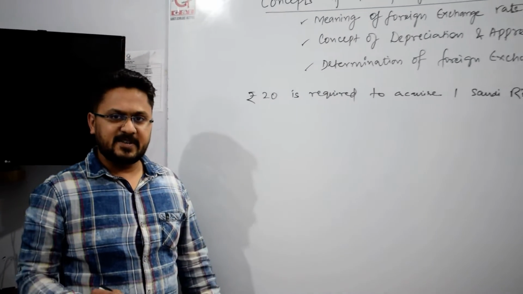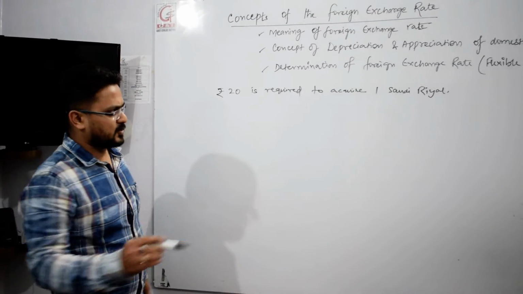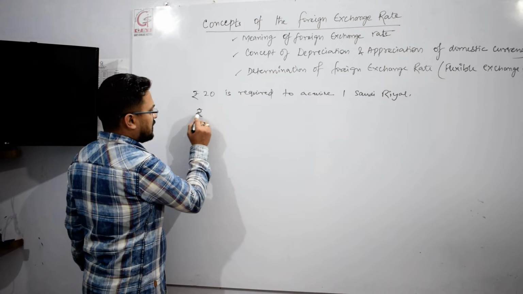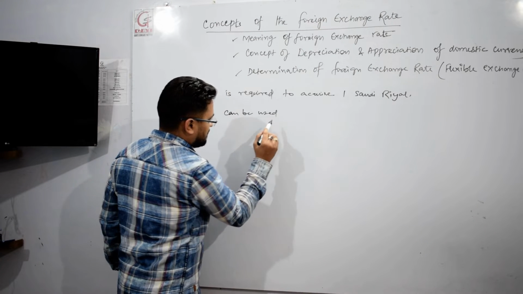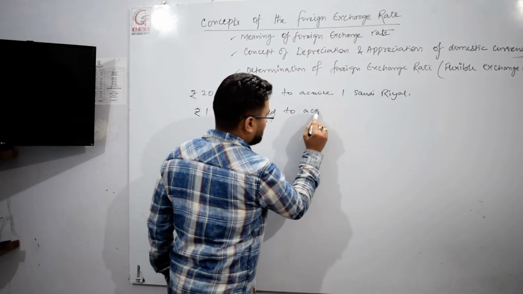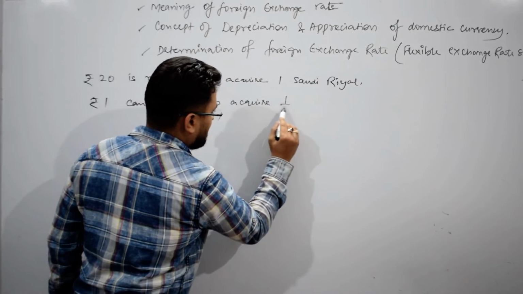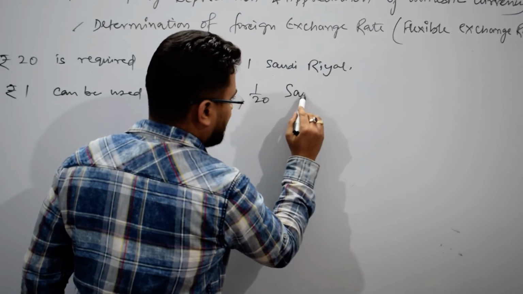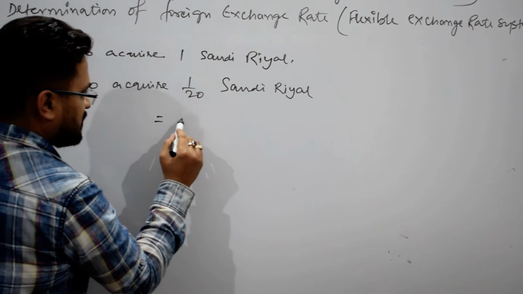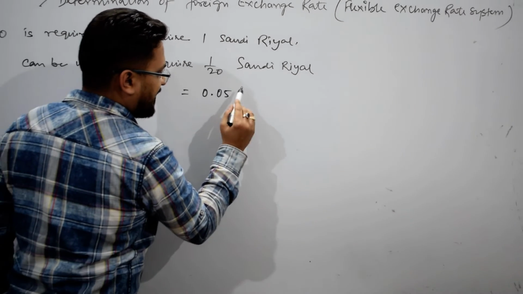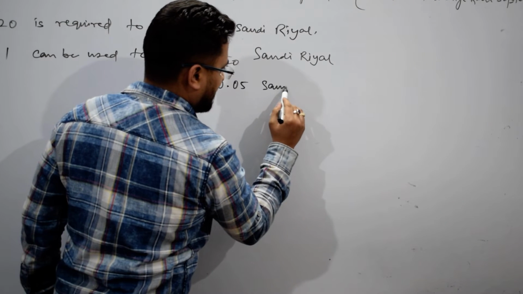Now it can be expressed in the other form also. Rupee 1 can be used to acquire 1 by 20 Saudi riyal, which is equals to 0.05 Saudi riyal.